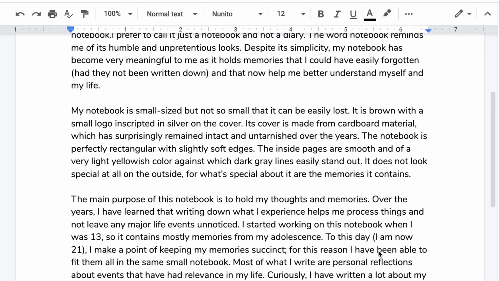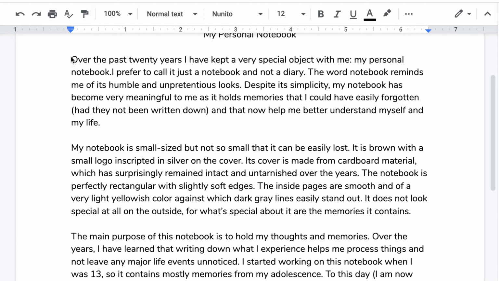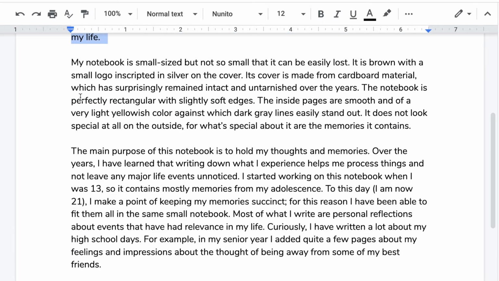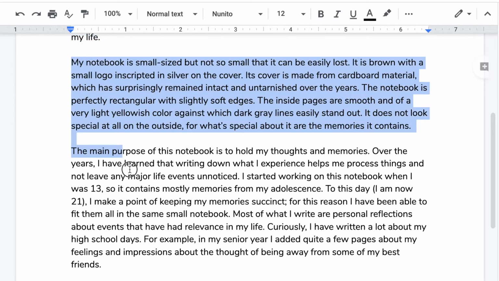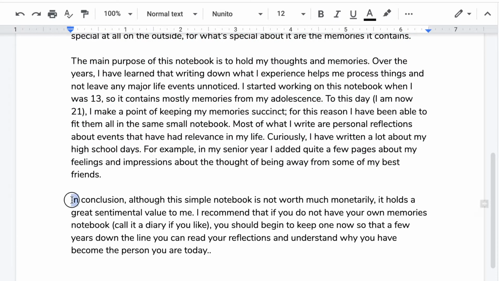But it has 4 paragraphs, 1 introduction here, that I'm highlighting now, 2 body paragraphs, the ones you have over here, and the conclusion, the one that I'm just highlighting right now.